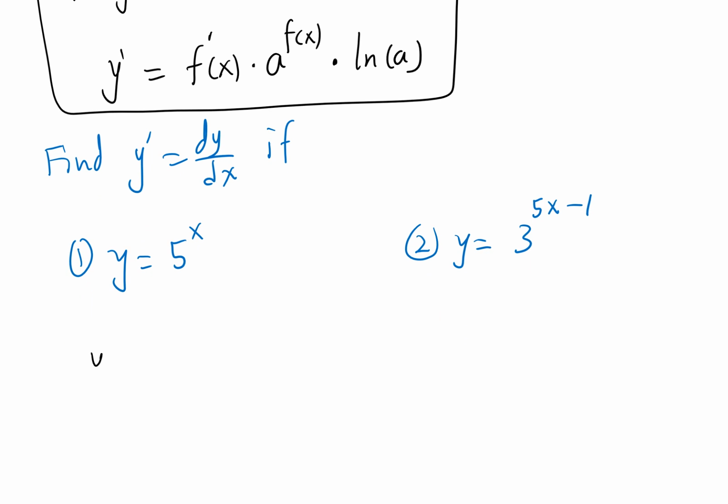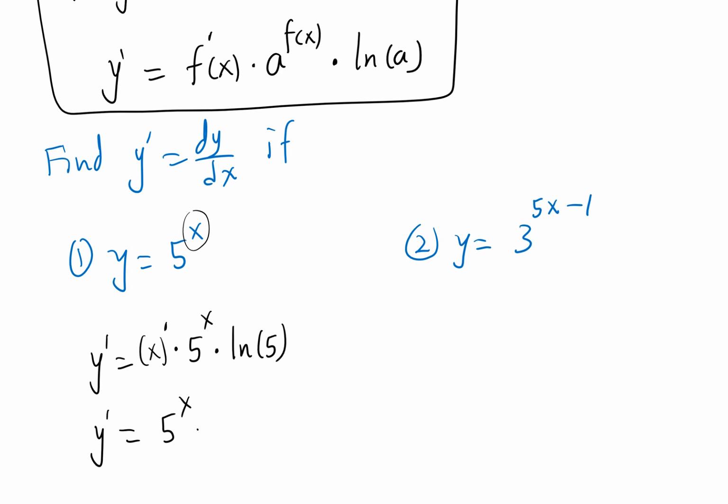So to find the first one, y prime is the derivative of x times the function itself times natural log of the base. Derivative of x is 1. So that gives me just 5 to the x natural log of the base.